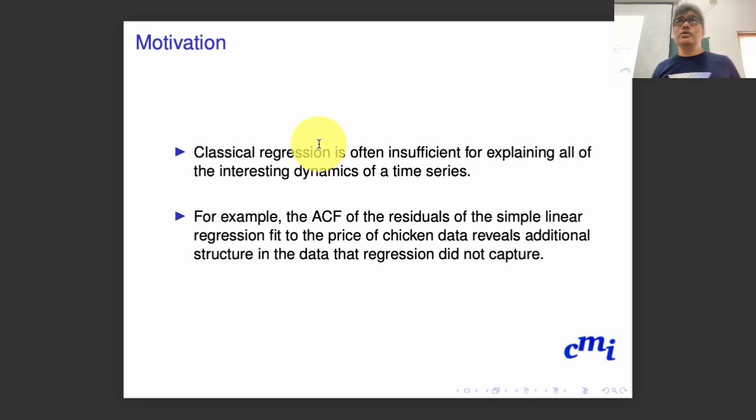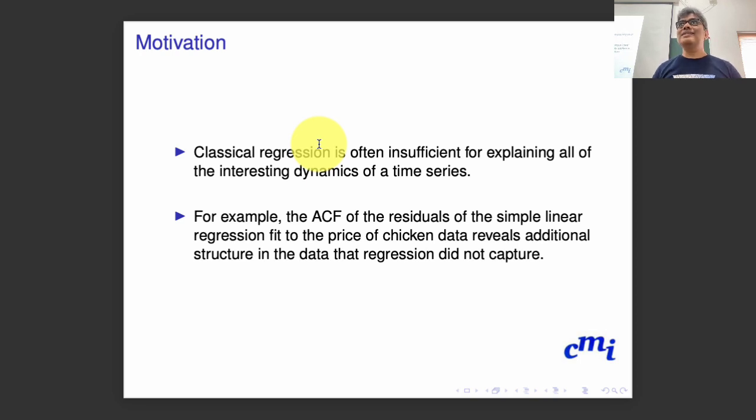Okay. Remember that in the simple regression model, we are always assuming epsilon is normal 0 sigma square I, meaning the covariance between epsilon i and epsilon j is 0. We are always assuming that.